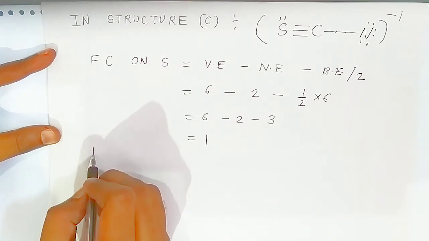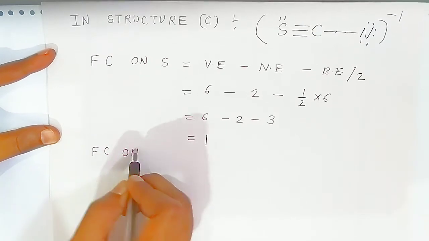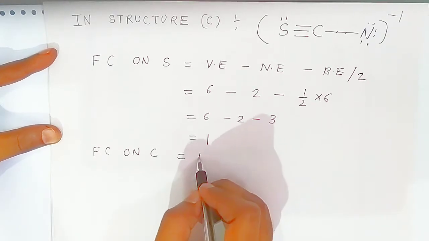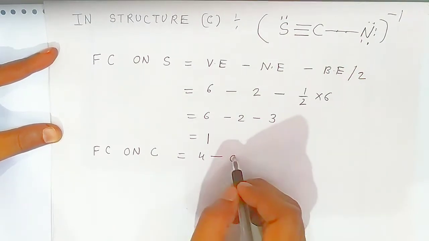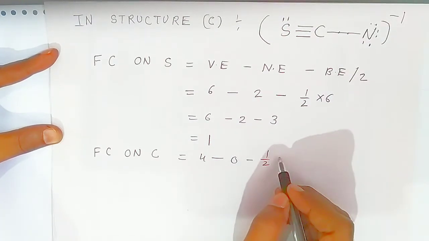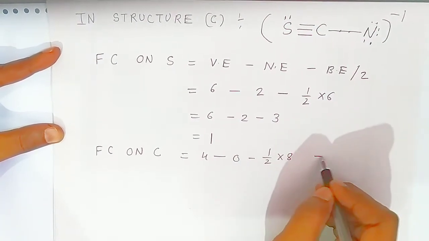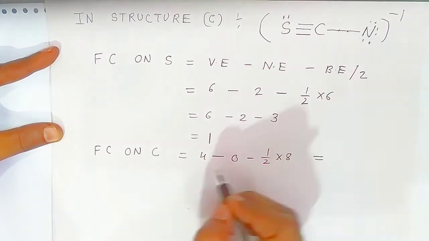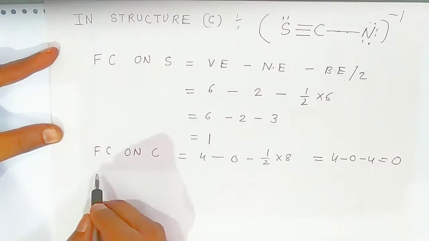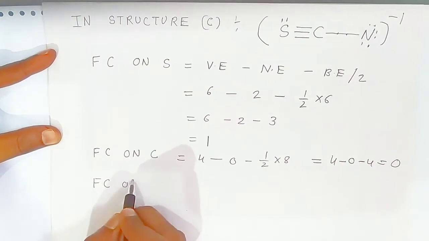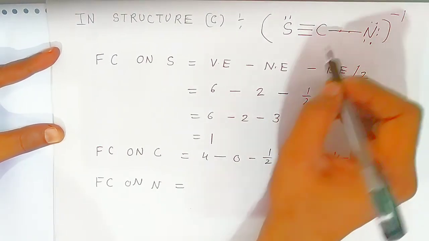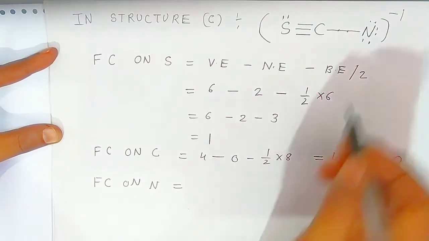When you see the formal charge on carbon here, students, the carbon atomic number is 6, electronic configuration 2, 4, so 4 will be the valence electrons minus non-bonding, there is 0. Total bonds, students, when you see, 4 bonds are there, that means half of the 8 electrons. So 4 minus 0 minus 4, that is 0 charge on carbon. In the same way, students, the formal charge on nitrogen you can also find: valence electrons of nitrogen, the nitrogen atomic number is 7.